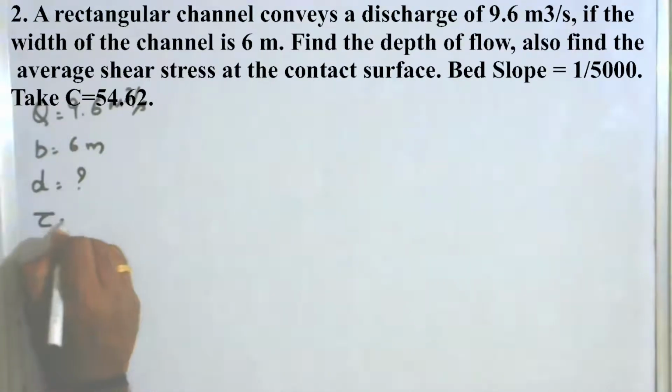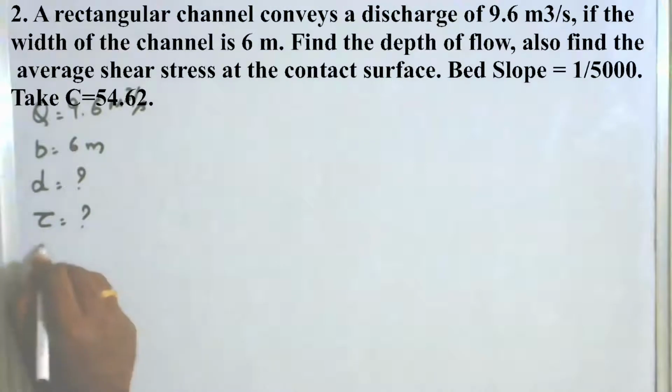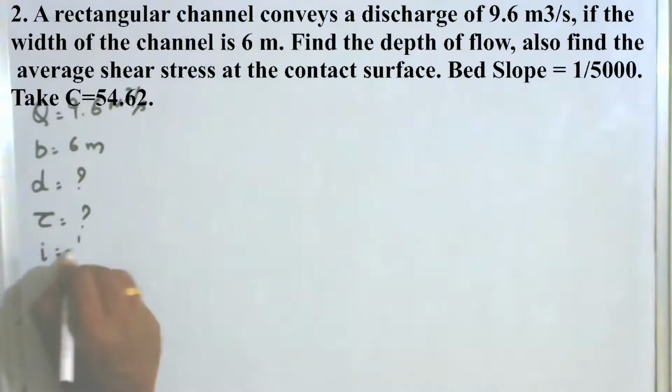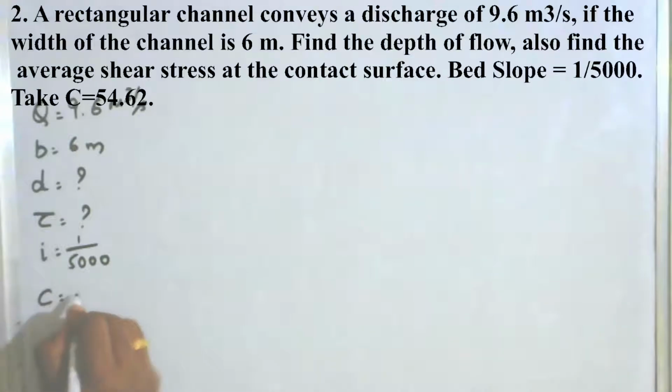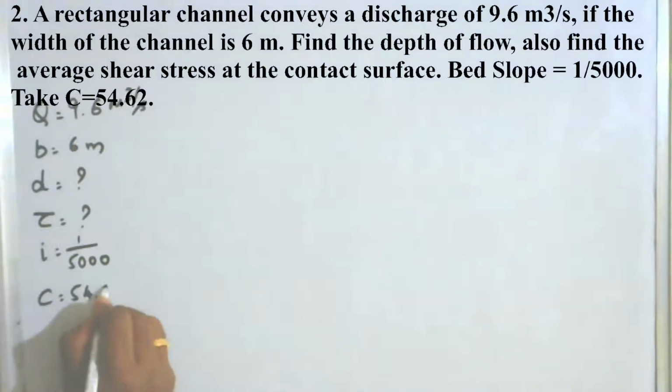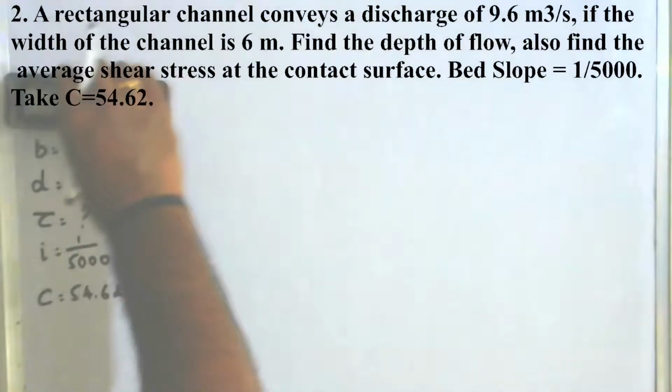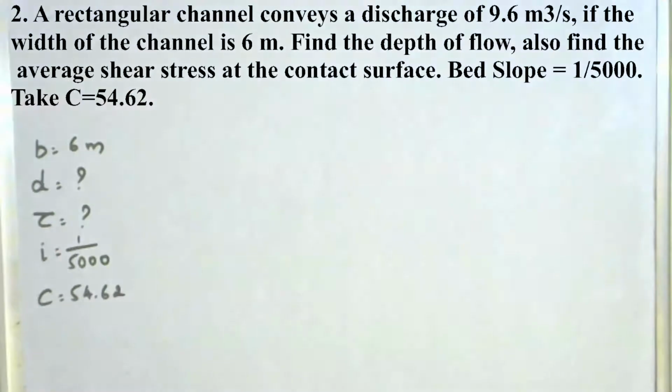Shear stress I'll take as tau. Then bed slope is given, I is equal to 1 by 5000. Then C value is given directly, that is 54.62. Here I'll write the discharge value, that is Q is equal to 9.6 meter cube per second.